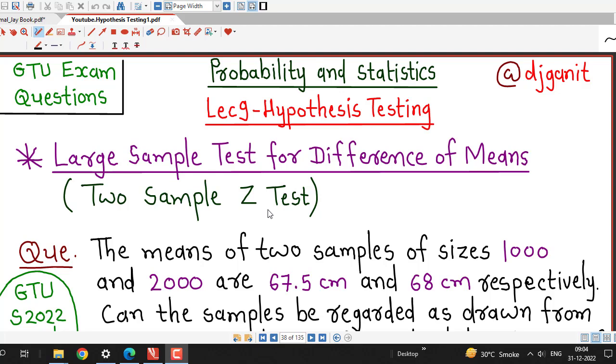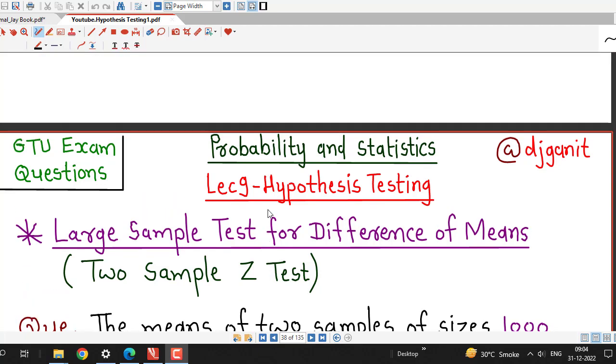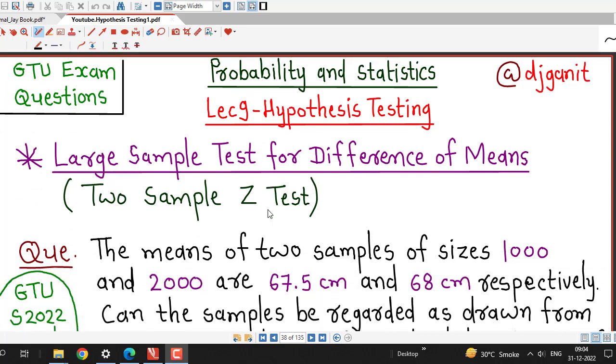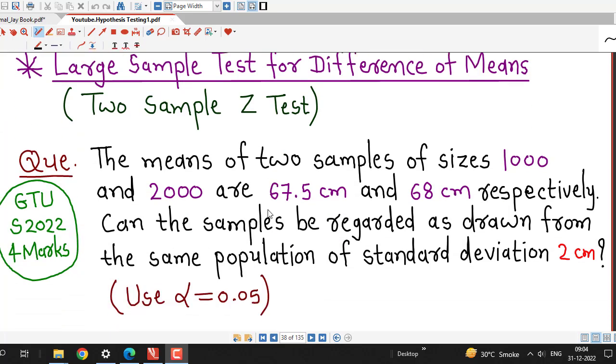Now we are familiar with two sample Z test and we know how we can compare two population means using two sample Z test.